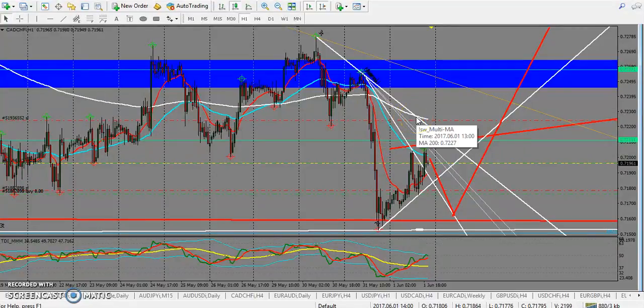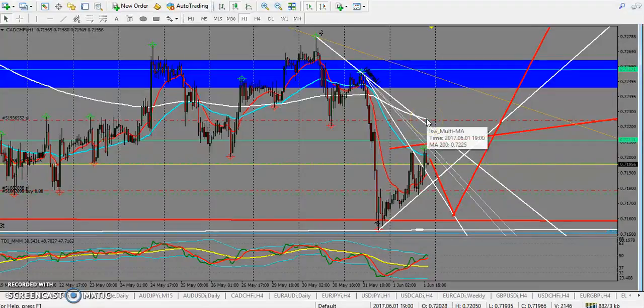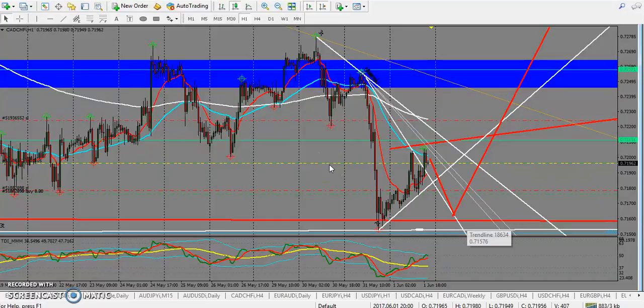And keep in mind, typically you can use this line right here as a means of support or resistance. In most cases, it will bounce off that line. So it's like a moving support and resistance line. Even the blue line is the same way. Right now you see it bouncing right off of here.